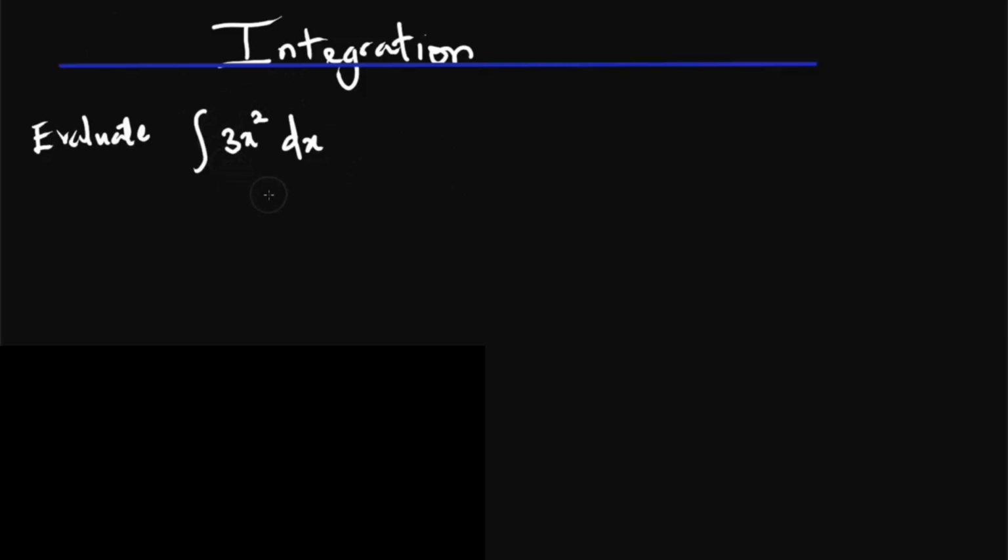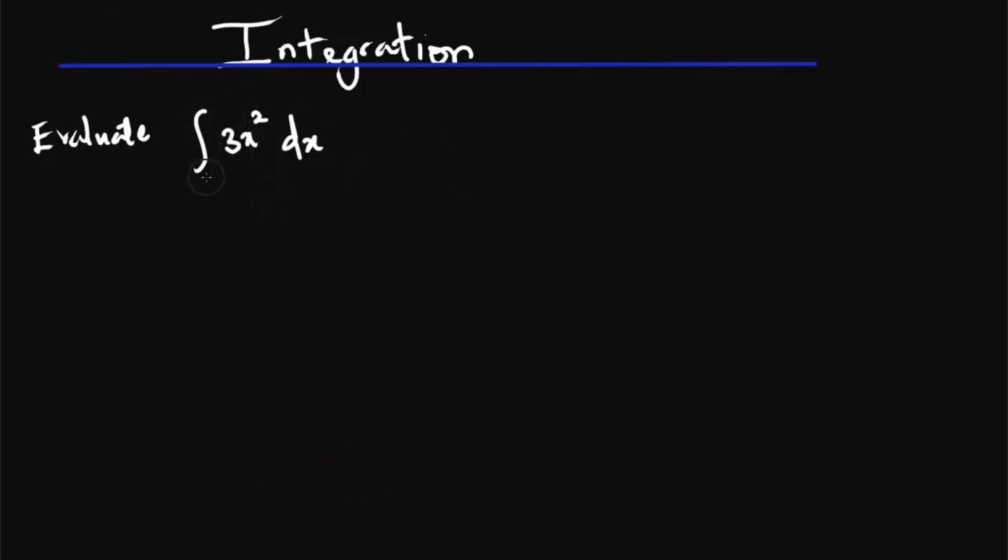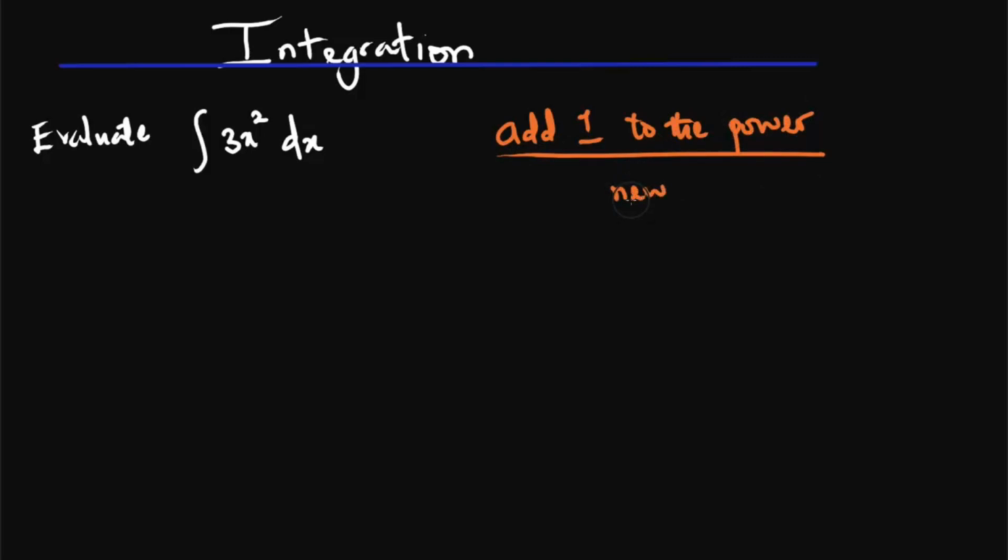Our very first question is to evaluate the integral of 3x² dx. How do we evaluate this? We have to remember a very simple law: whenever you are evaluating an integral, you add 1 to the power and then you divide by the new power.